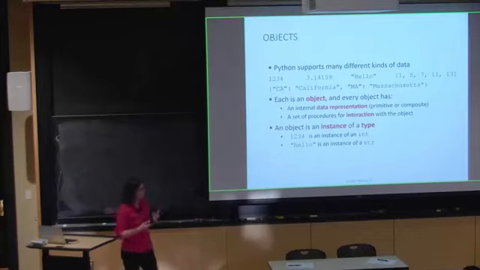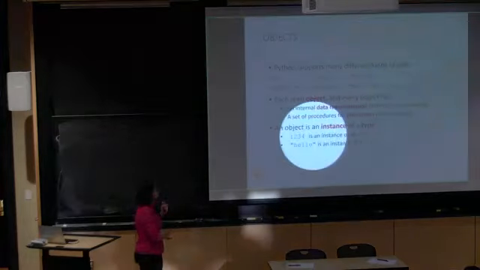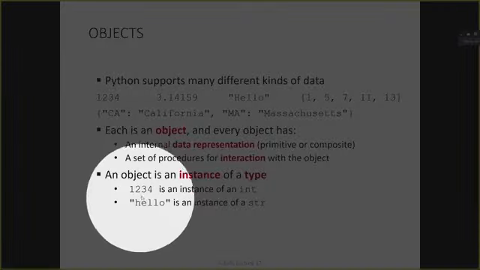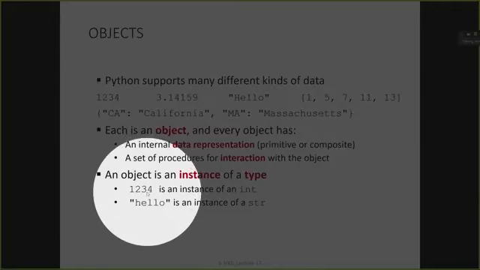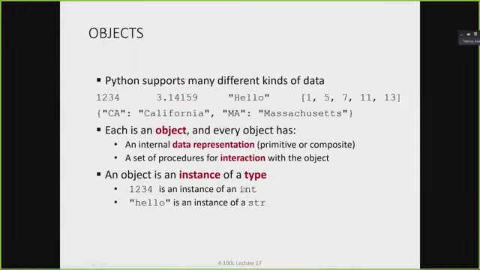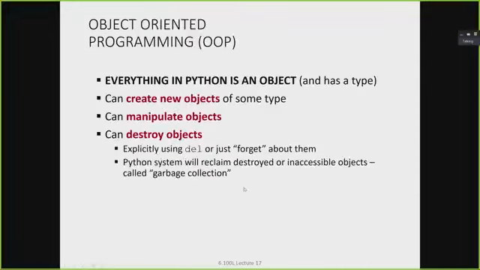Right? So in terms of terminology, when we create an actual object that we want to manipulate, we call it an instance of a type. So this specific number, 1,234, is an instance of an integer. And this specific sequence of characters, lowercase HELLO, is an instance of a string. Okay.